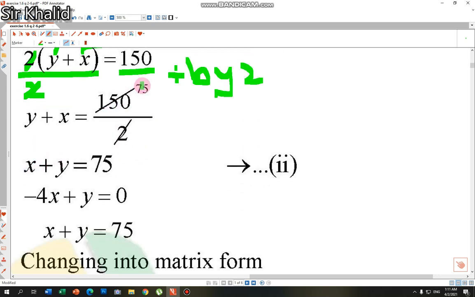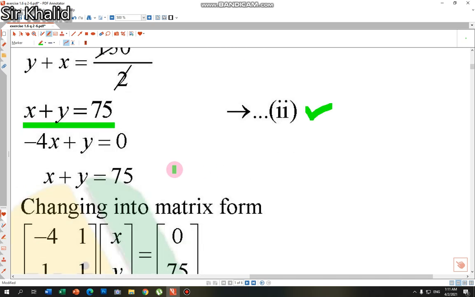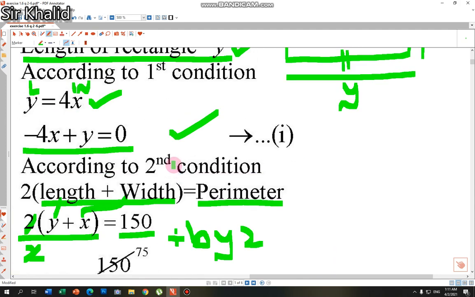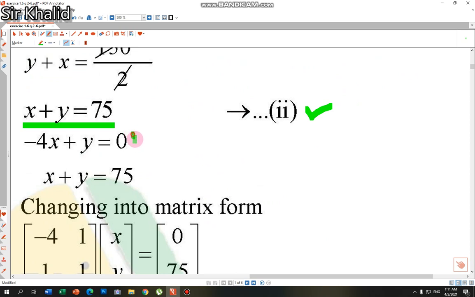So x plus y is equal to 75. So I formed another linear equation and named it equation 2. My very first equation was minus 4x plus y is equal to 0, and the second is x plus y is equal to 75.